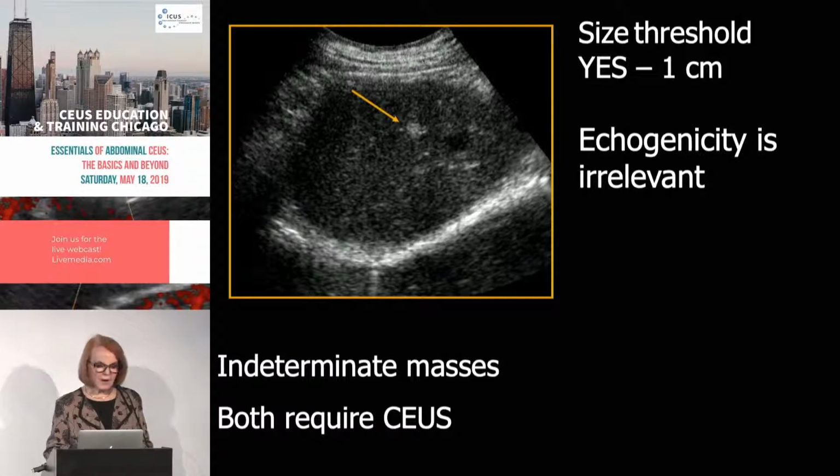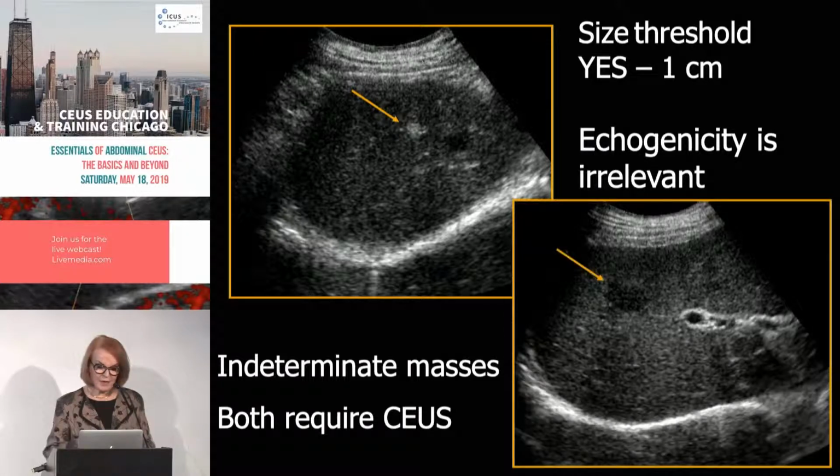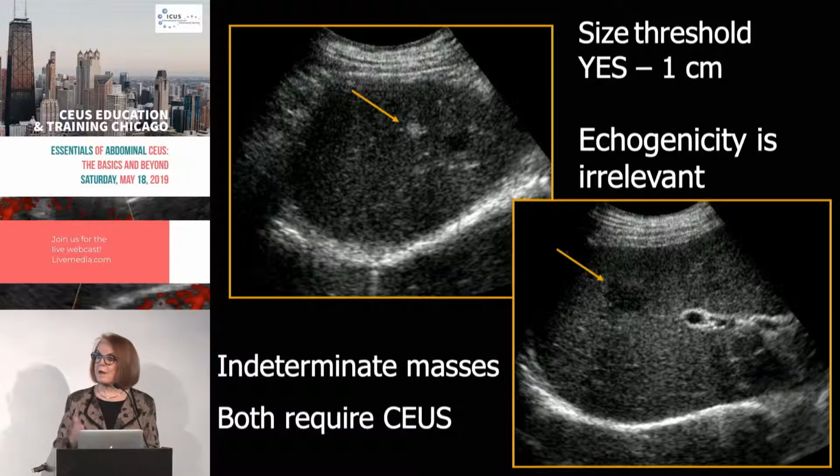Now, what about echogenicity? Here's a patient with an echogenic nodule, and here's a patient with a black nodule. Does it make any difference which one of these we should do a scan on? It really doesn't. There can be benign and malignant things that are black and benign and malignant things that look white. If the patient was a non-risk patient, everybody knows that.